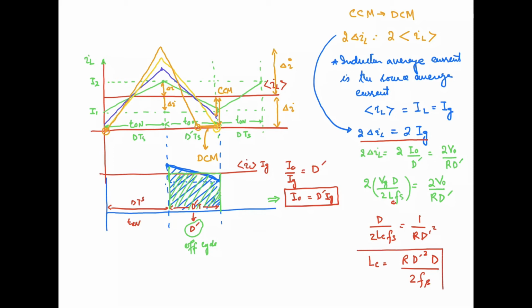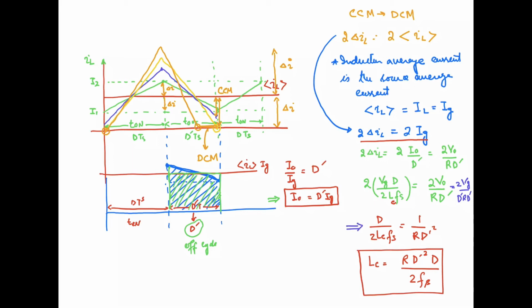So this is the expression for the calculation of the critical inductance. So what is done over here, I have represented this V naught in terms of Vg so that we can cancel this one with this one. So we can also write it like this, that this is equal to 2 into Vg divided by D prime into R into D prime. So Vg and Vg from both sides will be cancelled out and you will get this expression.